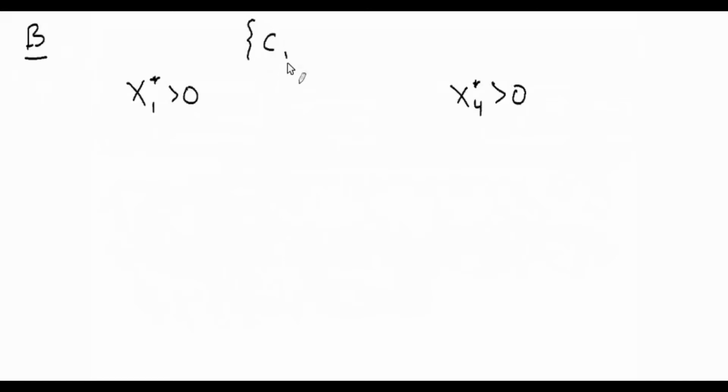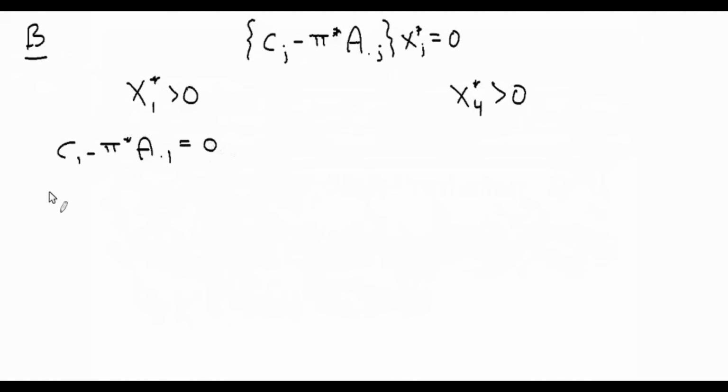We're going to demonstrate that this leads to a contradiction. We're going to do it using complementary slackness. What we have here is c sub j minus pi star a dot j times x star j is equal to 0. So when you apply complementary slackness here to x star sub 1 greater than 0, it implies that c sub 1 minus pi star a dot 1 has to be equal to 0.